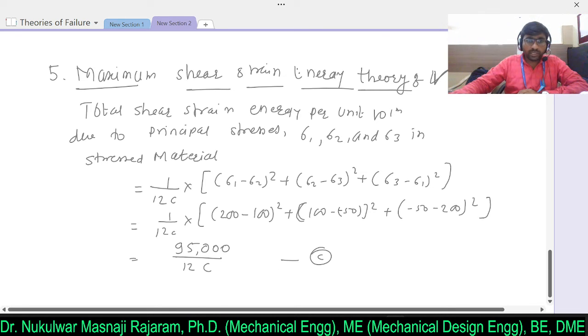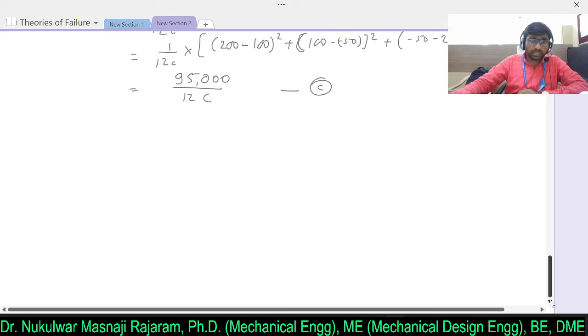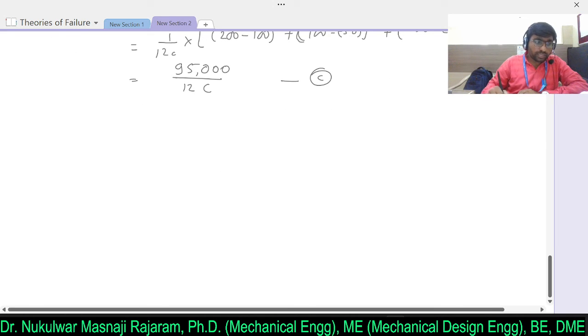Similarly, we will evaluate the total shear strain energy per unit volume up to the elastic limit. Clear? That equation we already evaluated, so I will rewrite it over here. That is the total shear strain energy up to the elastic limit, or due to the stress sigma t star.